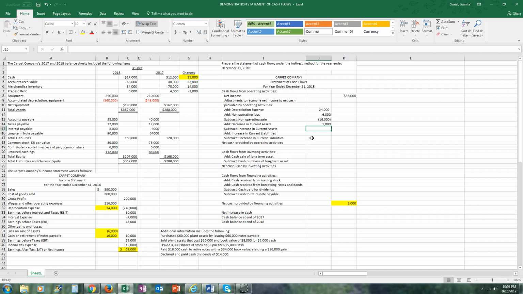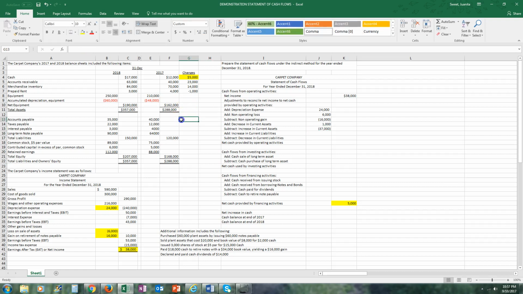We also see an increase in the two accounts. So because the accounts receivable went up, we have to subtract that because that is sales that we did not collect. We also see that we purchased inventory. In order to purchase inventory, we would have debited the inventory and credited cash. So those two increases in current assets will be subtracted out.